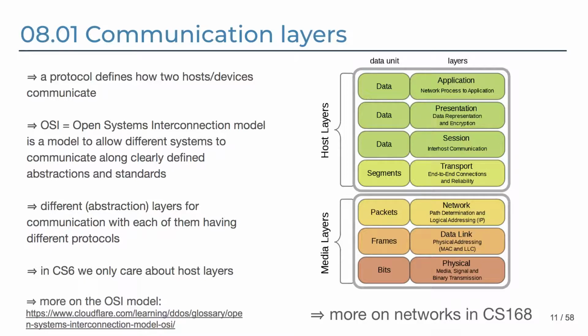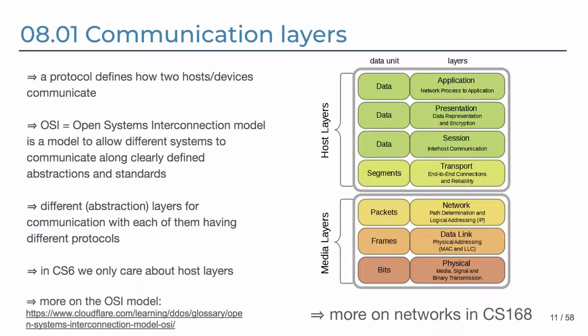All right. Speaking of that, as I said, networking is a topic on its own. It's very interesting, so I highly recommend going to a class. How it works is that there is some abstract model that was established to describe the different layers over which communication happens, called the Open Systems Interconnection Model, or OSI model.